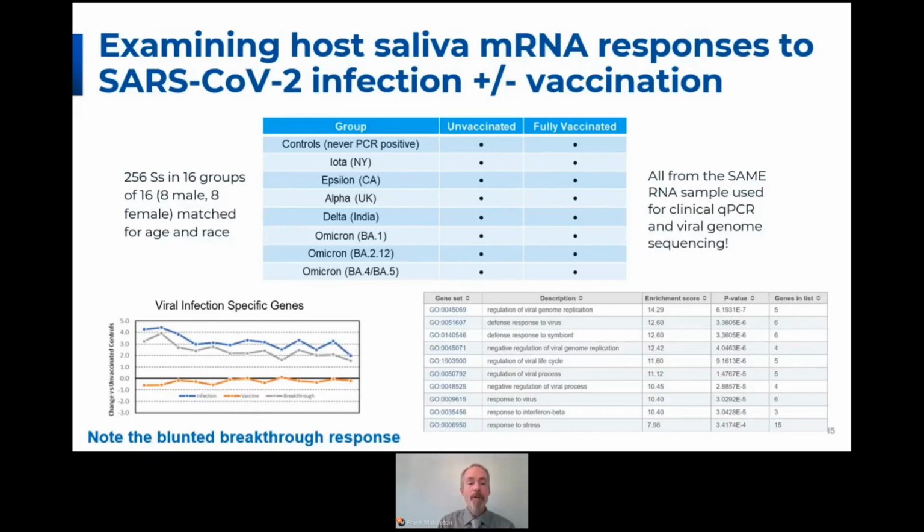This whole panel of about a dozen genes shows a robust viral specific response. They don't change from just vaccination, and they have a blunted response in people who had a vaccine before getting infected. So these are the types of things that we can uncover from saliva.